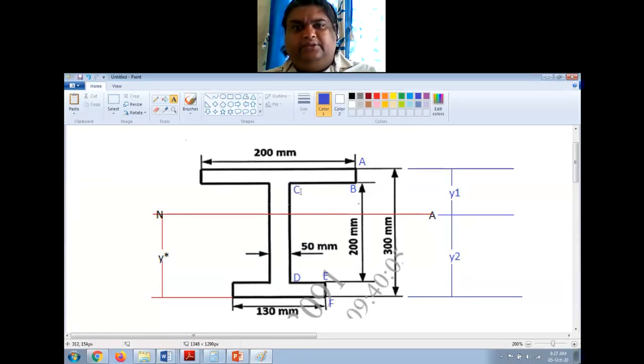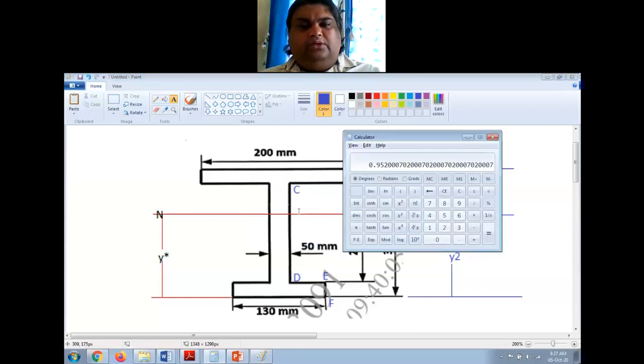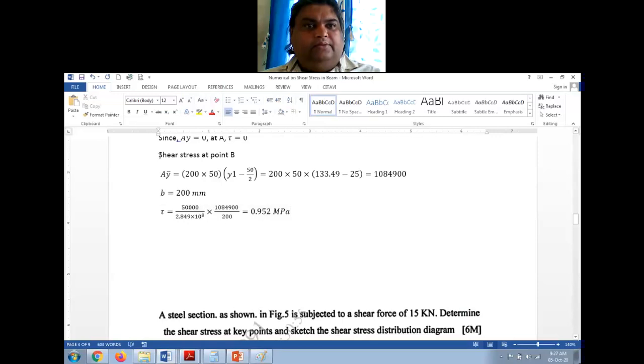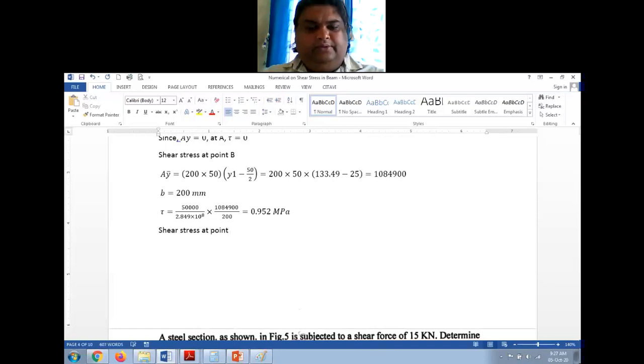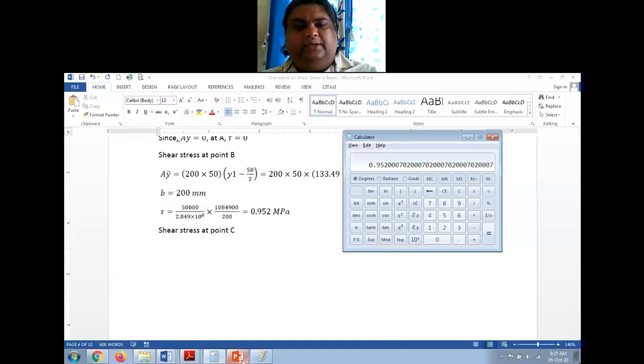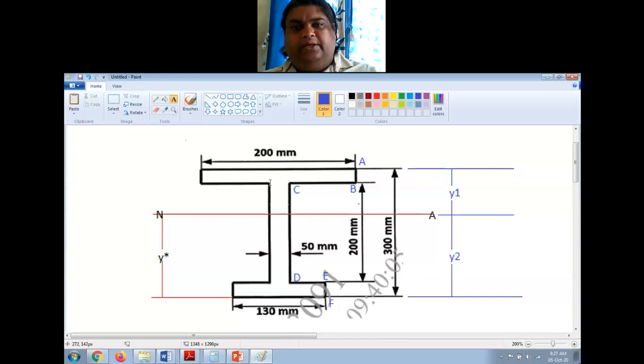Now see, at point C everything remains same. Shear stress at point C: at C the area above that particular section is this rectangle, but the width of the beam will be this thickness of the web.